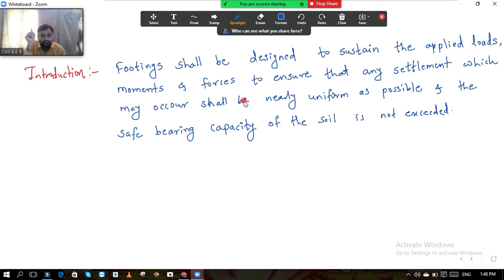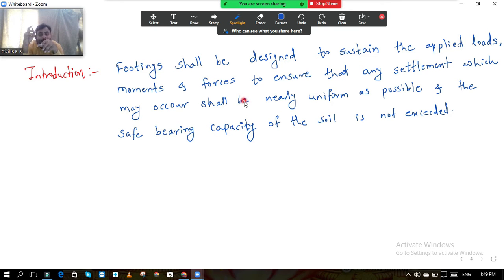Also we have to take into account the safe bearing capacity of the soil. What is the safe bearing capacity? Bearing capacity means up to which point the soil can bear the load. That also we need to evaluate. The pressure coming from the column to the footing should be less than the safe bearing capacity, then it is okay.